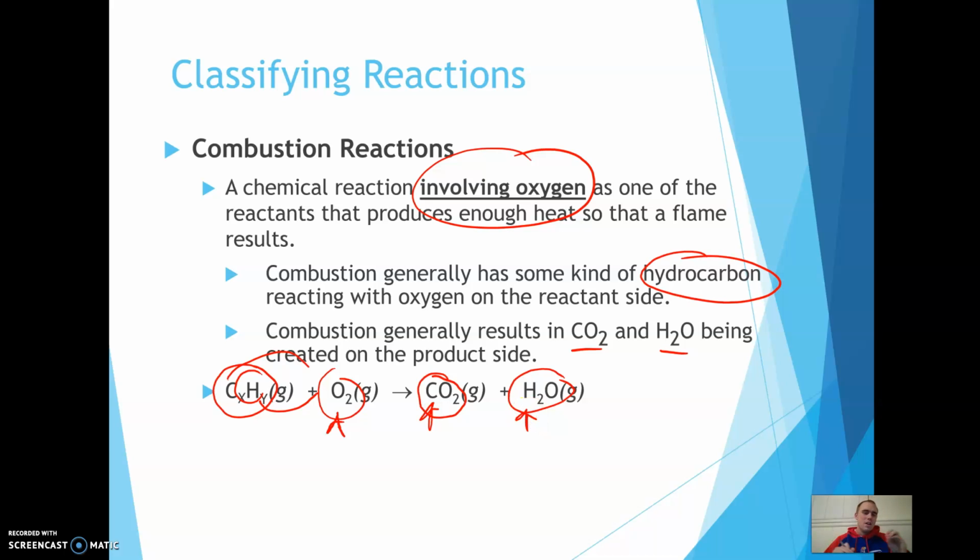So let's call this the home wrecker reaction, because oxygen's coming in here and wrecking things up for carbon and hydrogen. All right, so again, you can pause this at any time and write down some of these notes if you want to.